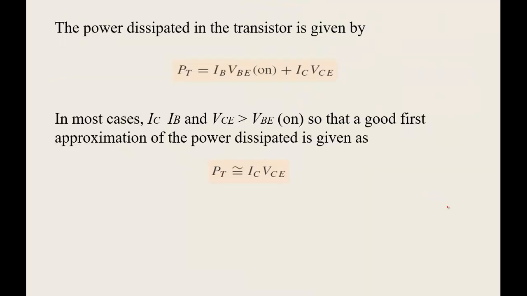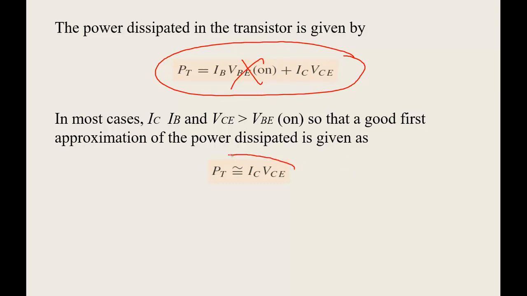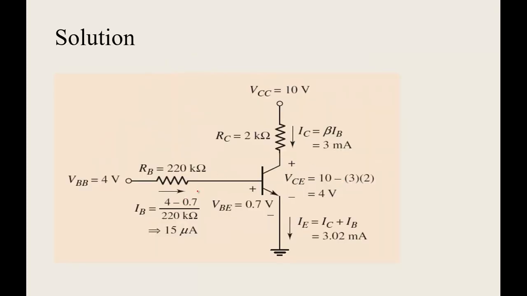As you see here, VBE·IB plus IC·VCE put together is the total power dissipation. But mostly the first term is almost negligible, so we will keep PT almost equal to IC·VCE. Now it's easy to find here.